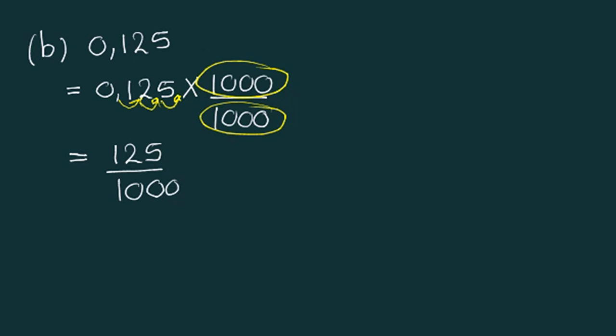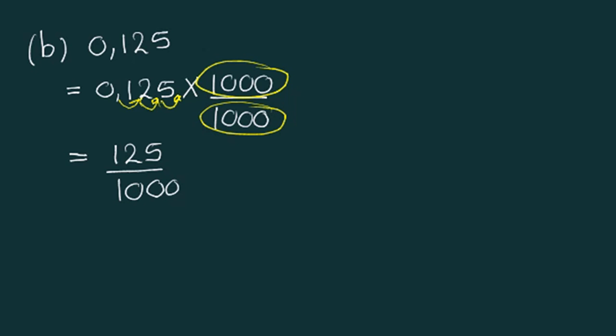And now I can reduce this to lowest terms. I now have 125 over 1000. So I divide by the highest common factor of 125 and 1000. If you are not sure of the highest common factor, you can divide by any factor that you're thinking of, and continue dividing until it has been reduced to the lowest terms.